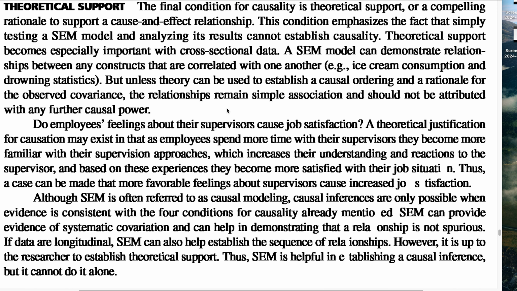Structural equation modeling can also help establish the sequence of the relationship. However, it is up to the researcher to establish theoretical support. Thus structural equation modeling is helpful in establishing causal inference, but it cannot do it alone.